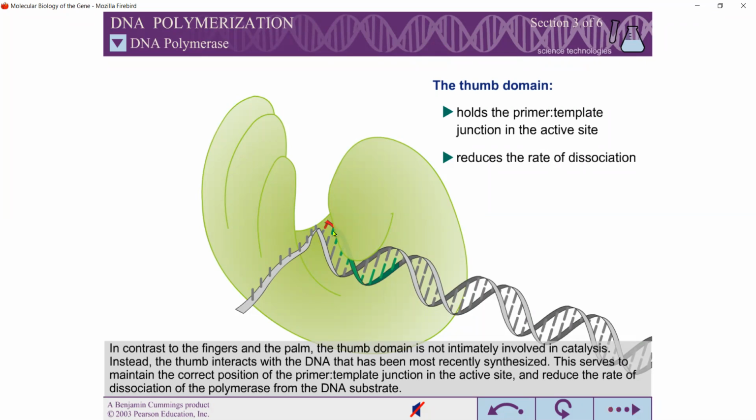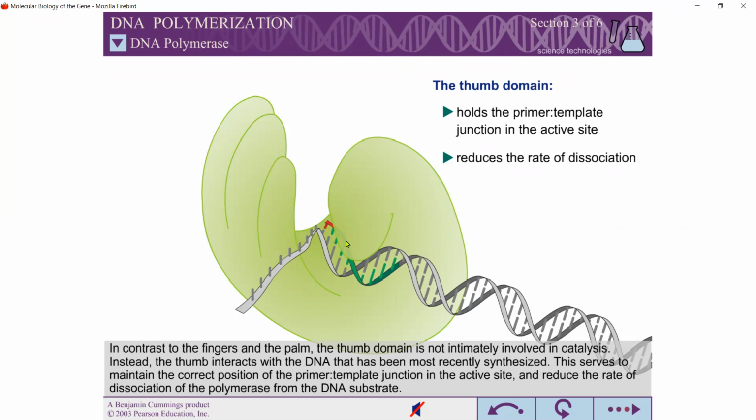So the thumb domain pushes the newly formed pair from the active site in this direction, where my arrow is showing, and it brings a new base, the very next base, to the active site.